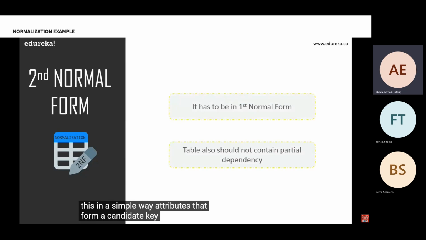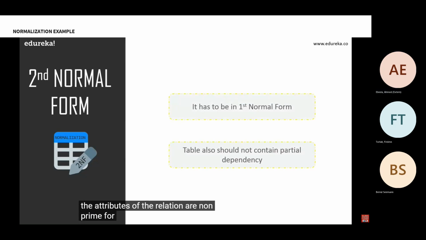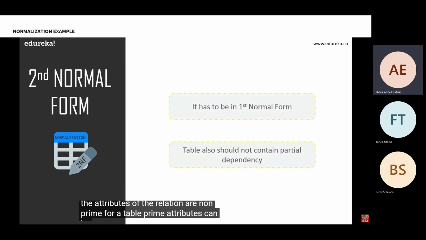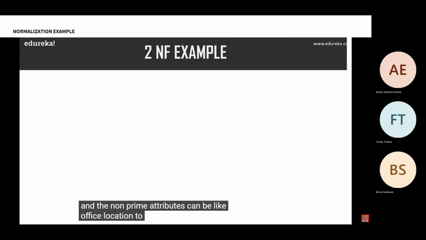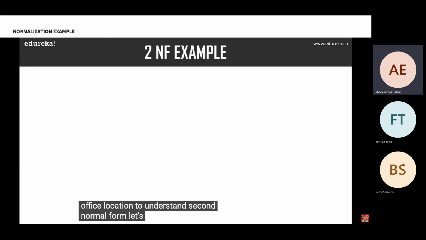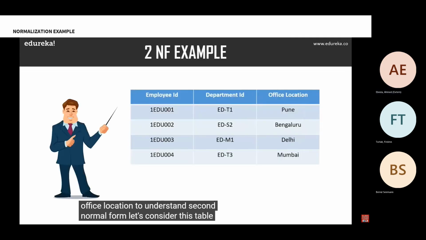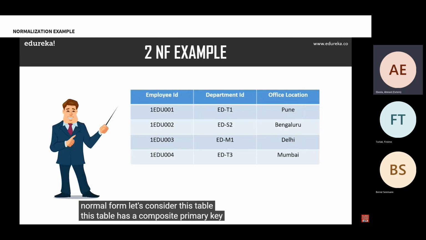Attributes that form a candidate key in a table are called prime attributes, and the rest of the attributes of the relation are non-prime. For a table, prime attributes can be like employee ID and department ID, and the non-prime attributes can be like office location. To understand second normal form, let's consider this table. This table has a composite primary key, that is, employee ID and department ID make the primary key.